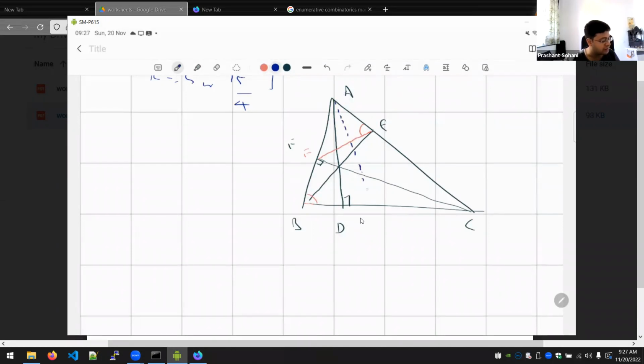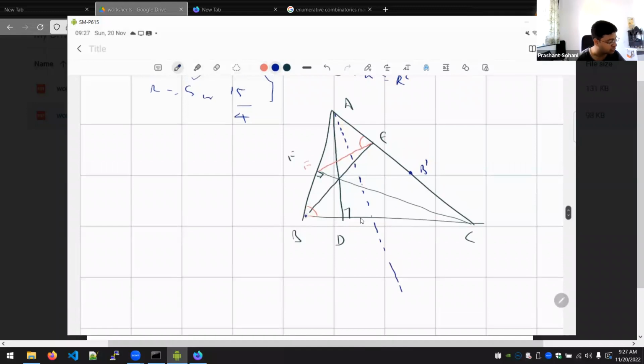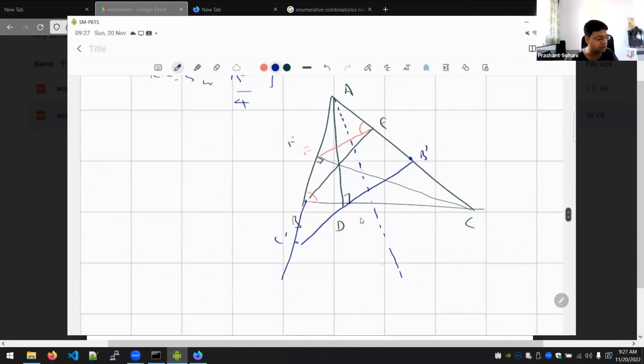If you take the angle bisector as the mirroring line, then B will go to some location B dash over here, and C will go to some location C dash, and you get a triangle like this. So AB dash C dash is the mirror image of ABC in the angle bisector. And when you take the mirror image like that, the line AH, which was the altitude of the original triangle, will also get mirror imaged into a new line over here, correct?